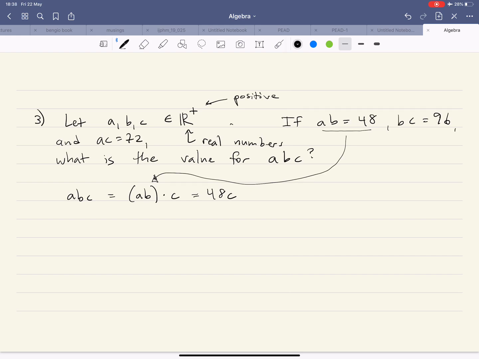And that kind of helps us, maybe, because all we really need to do is figure out what this C is. The problem is that we don't have C by itself. We have B times C and we have A times C, but we have no C all by itself, right?